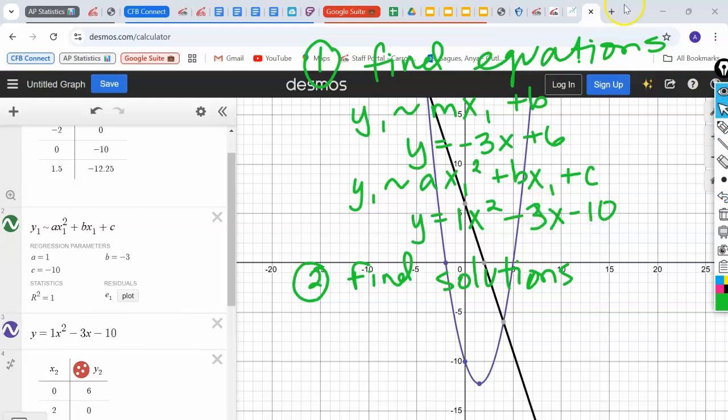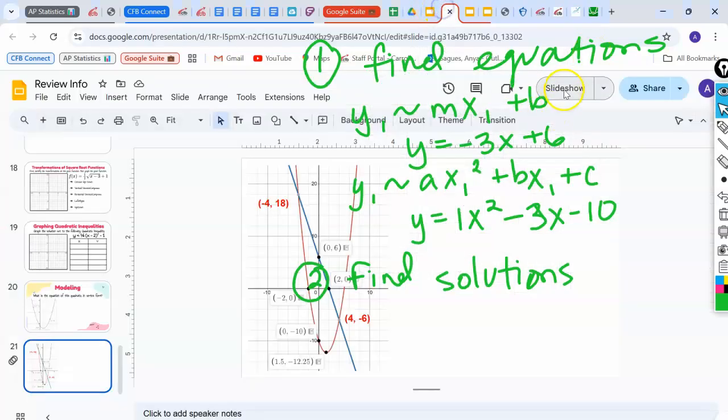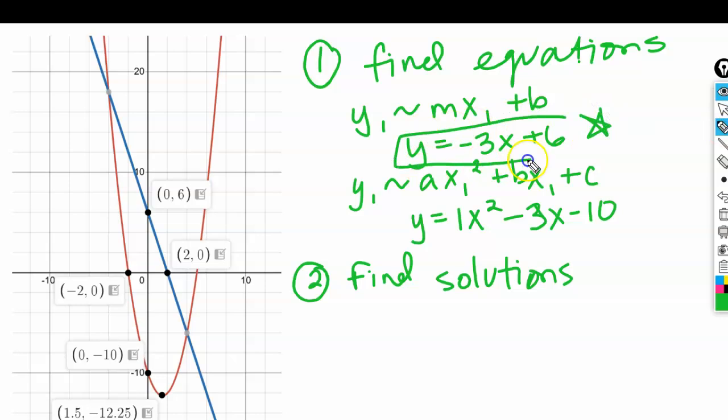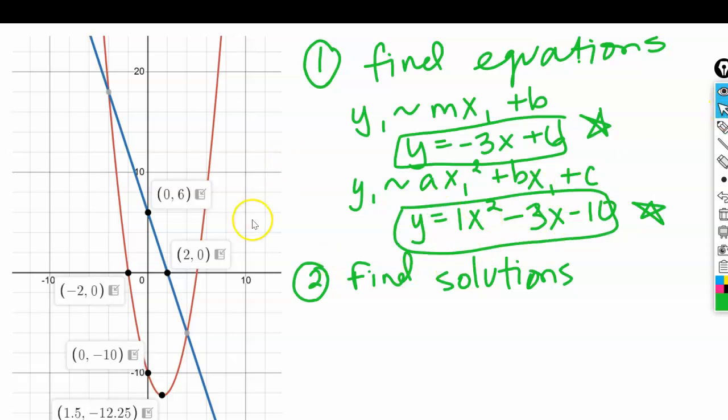All right, so let's go back to that slide. These are our equations right here. These are part of the answer for the question that you'll see. Then it says to find the solutions. The solutions are where they cross. So here and here.